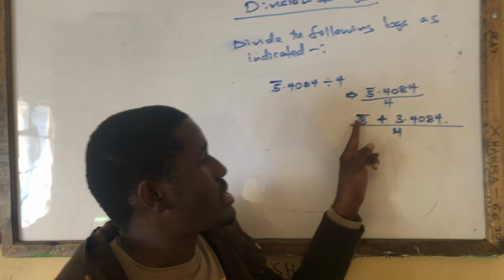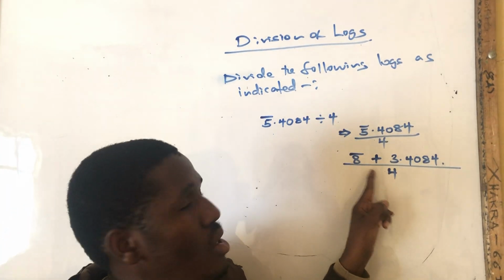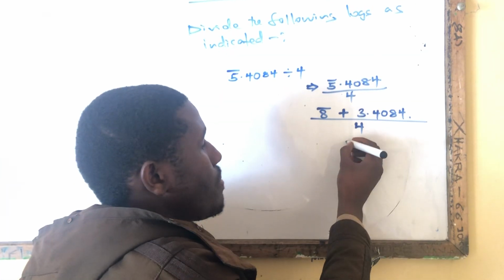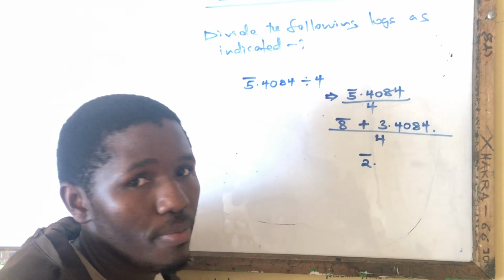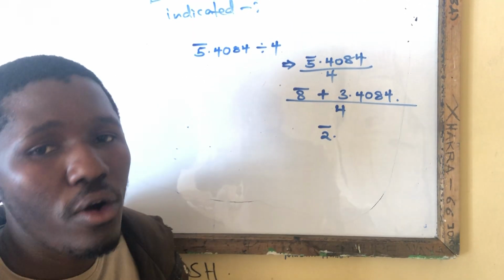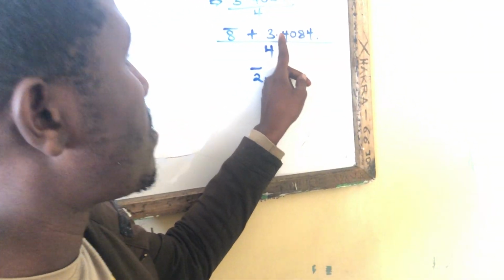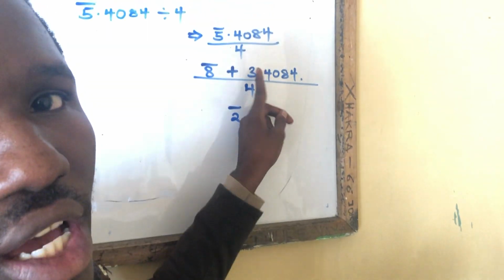Then we'll take the bar 8 and divide by 4. What's bar 8 divided by 4? That should give us bar 2. Then what's 3.4084 divided by 4? Being a positive number, again, the student is required to engage a calculator.